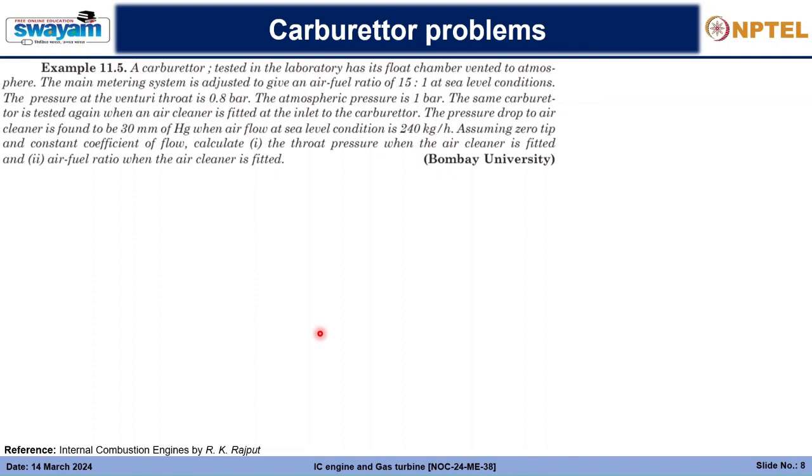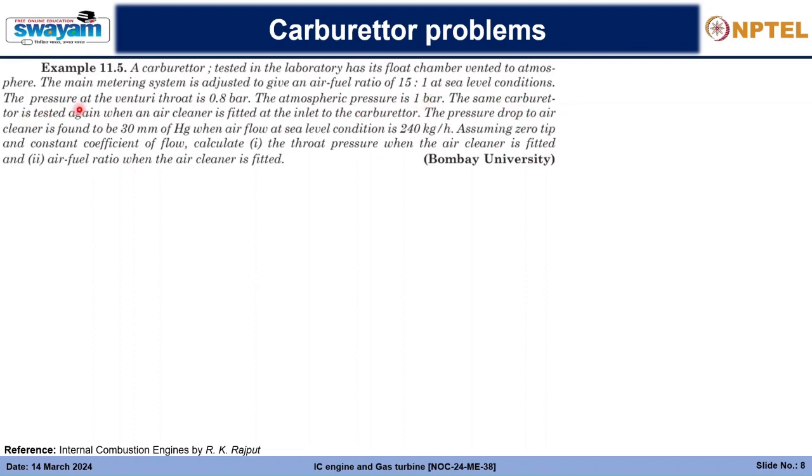So this is the next question which came in the entrance exam of Bombay University. A carburetor tested in laboratory has its float chamber vented to atmosphere. The main metering system is adjusted to give an air-fuel ratio of 15:1 at the sea level conditions. The pressure at the venturi throat is 0.8 bar. The atmospheric pressure is 1 bar.